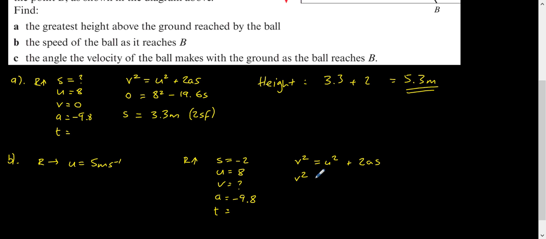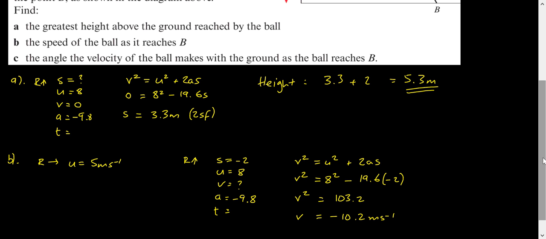So v squared is 8 squared minus 19.6 multiplied by -2. So v squared is going to be 103.2. So v is going to be the square root of this, which is 10.2. And I'm going to put minus 10.2.